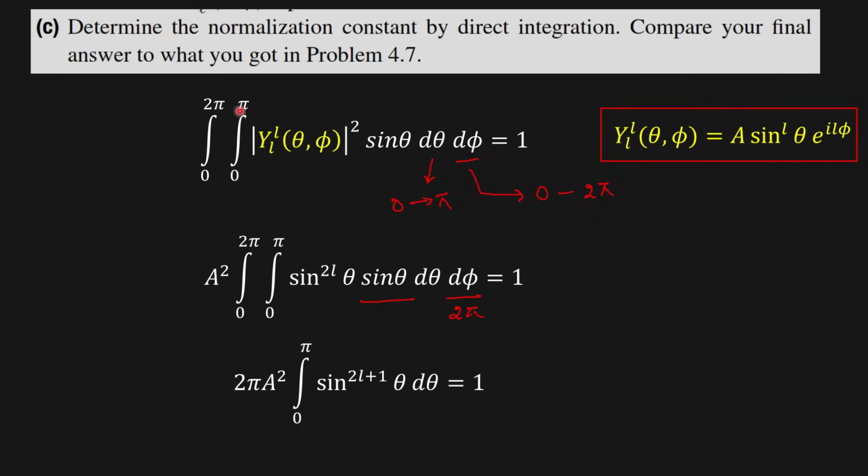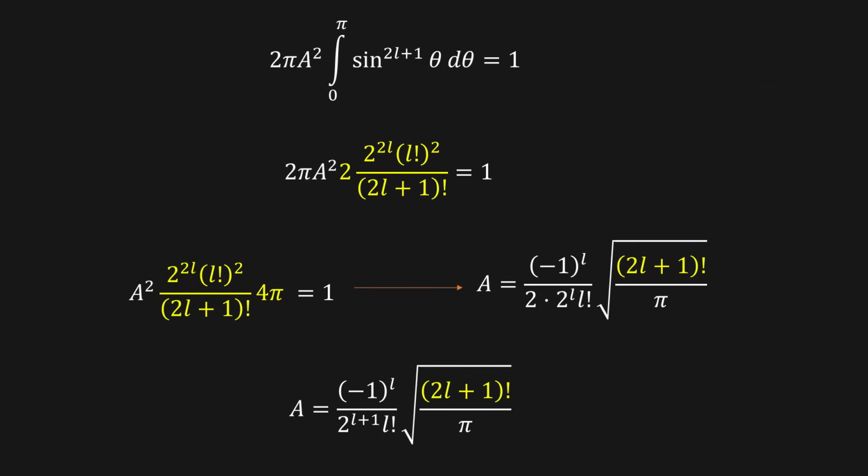We will simplify it further. Now we got this integration. The value of this integration is a standard one, which I have shown in yellow color box. That is 2 times 2 power 2L multiplied by L factorial square divided by 2L plus 1 factorial, which is equal to 1.